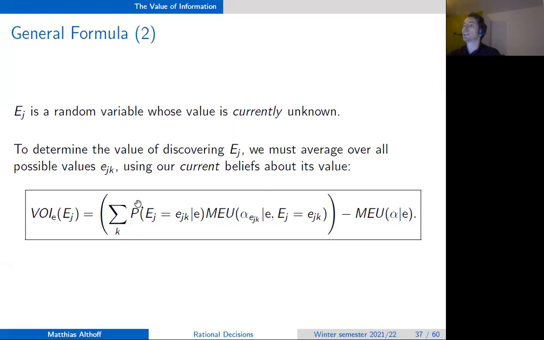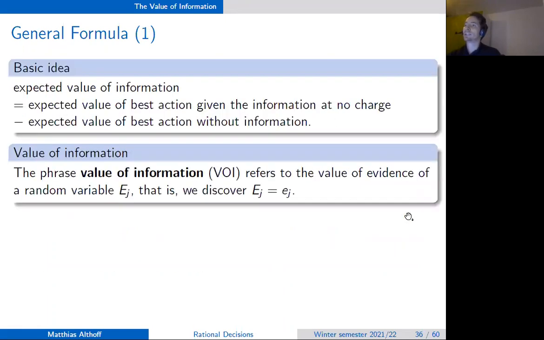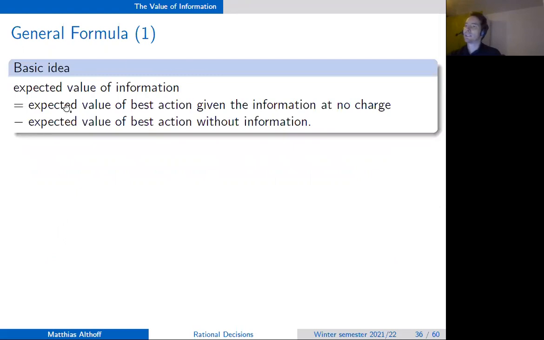And then we multiply this with the probability of these 2 possibilities. So this then tells us what is the maximum expected utility if we get this additional information and we don't have to pay anything for it. And then we subtract the maximum expected utility without having this additional information, which is exactly according to the basic idea that we formulated.